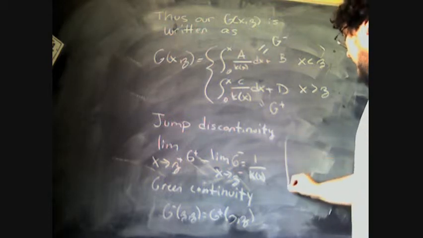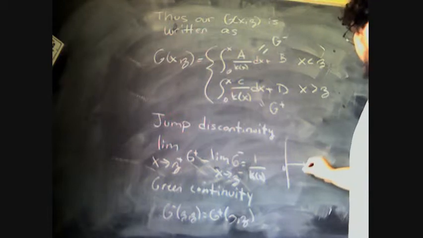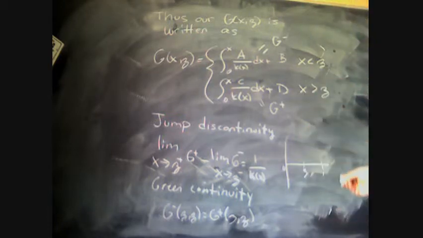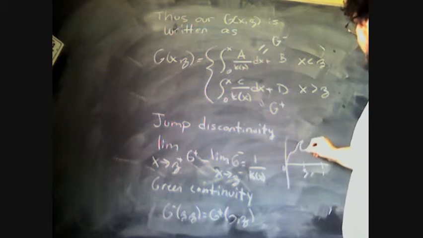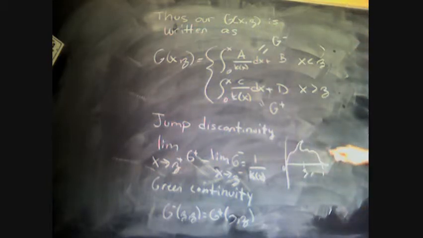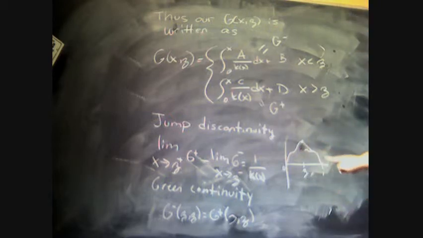Looking at a graph, here's 0, here's 1, here's our z somewhere in the function. The function is going to have some bizarre behavior at that point z. Obviously the derivative does not exist because it's different from both sides.